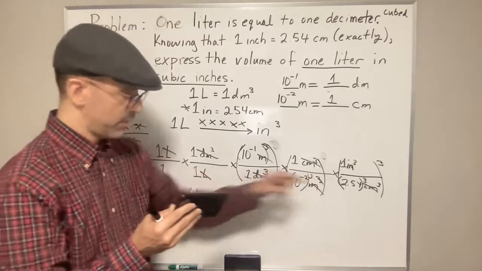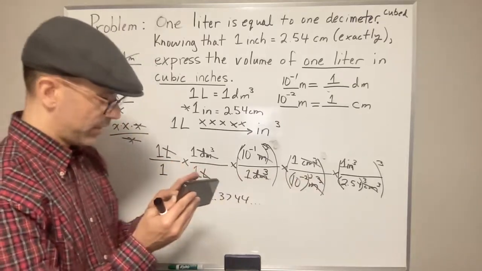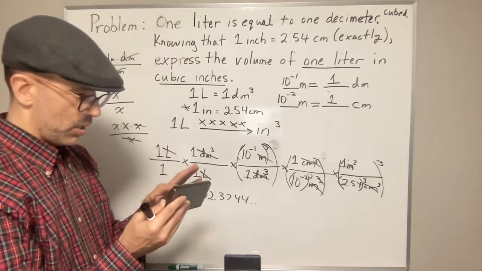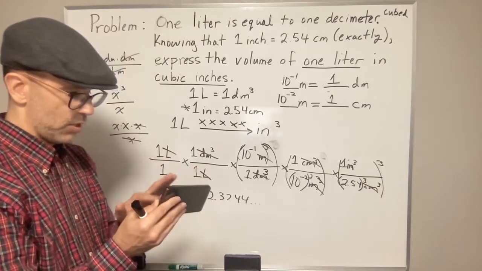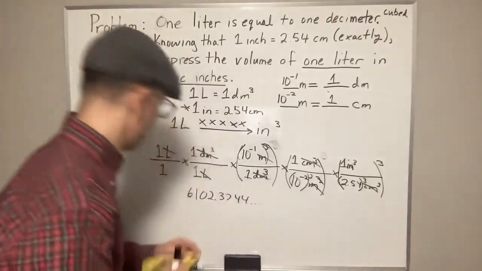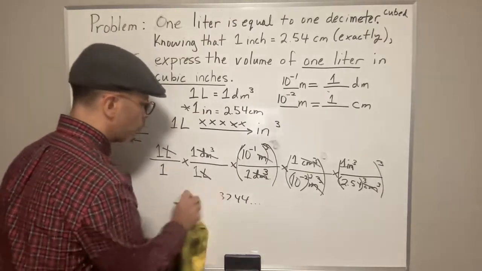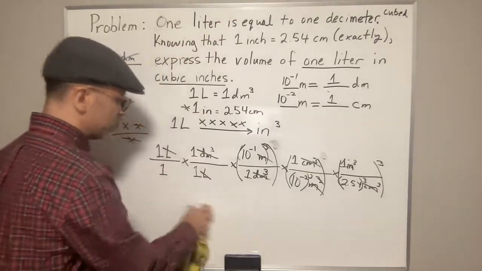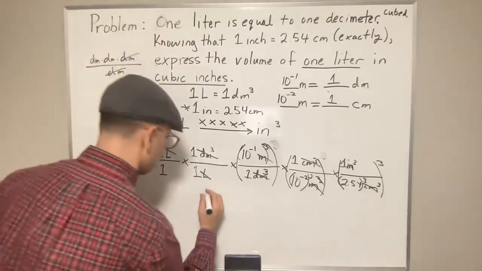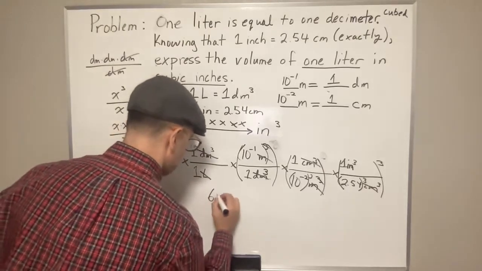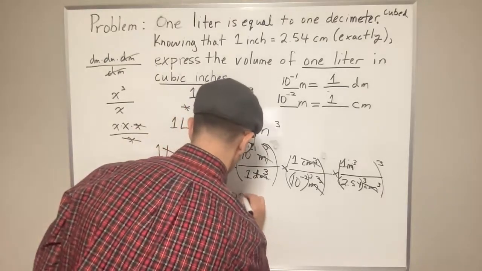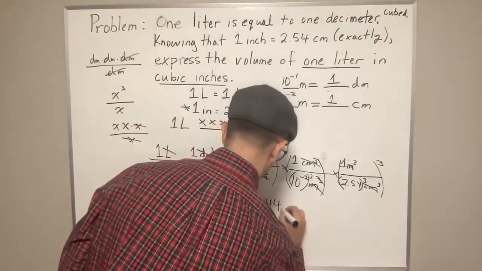And then I'm going to divide that by 2.54 cubed equals, yeah, that was a mistake on my part last time. So watch out for calculator mistakes. It can be easy to make. All right, so I have 61. I was off by a factor of 100. So 61.0237023744 dot dot dot.